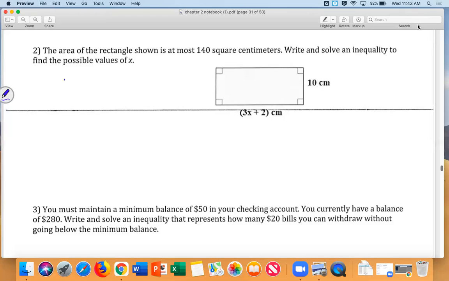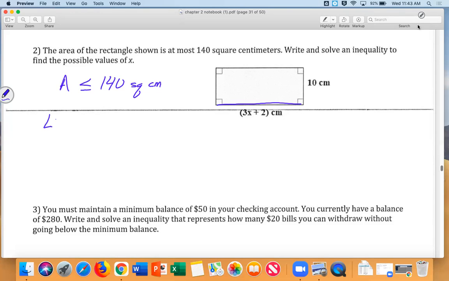So it says the area of a rectangle is at most, meaning it has to be less than or equal to 140 square centimeters. So it says write and solve an inequality to find the possible values of x. Now this is my length of a rectangle.